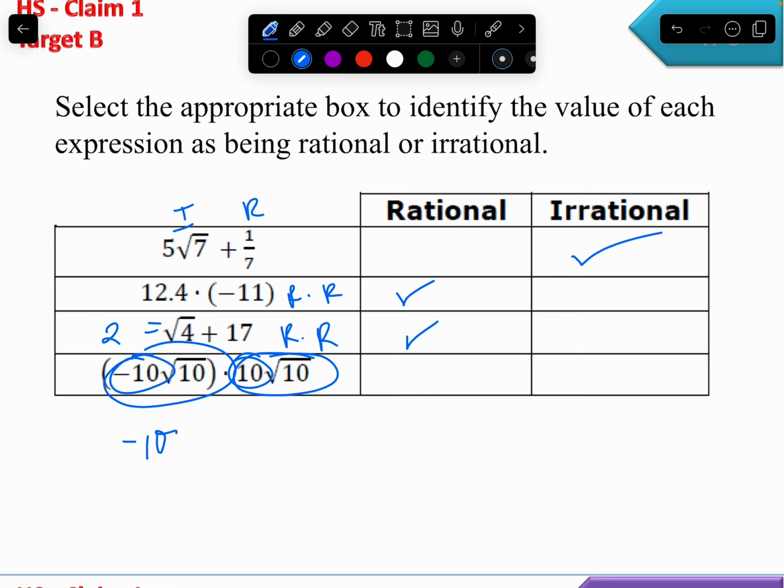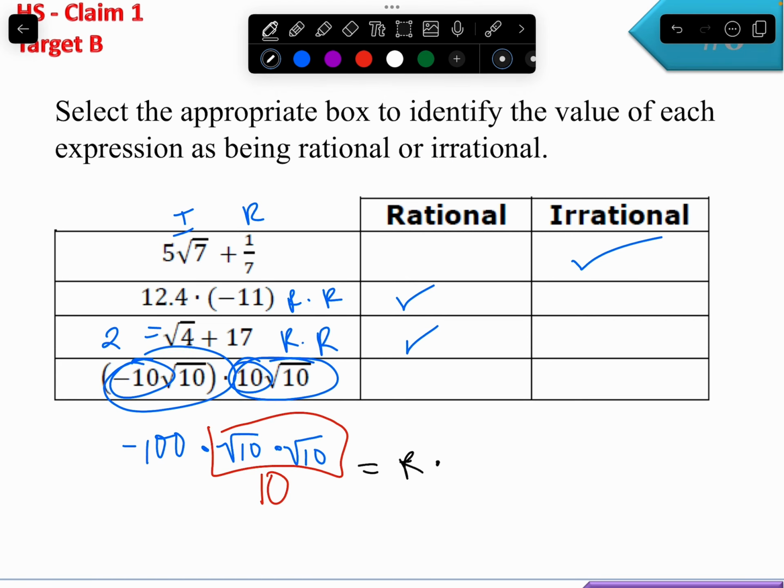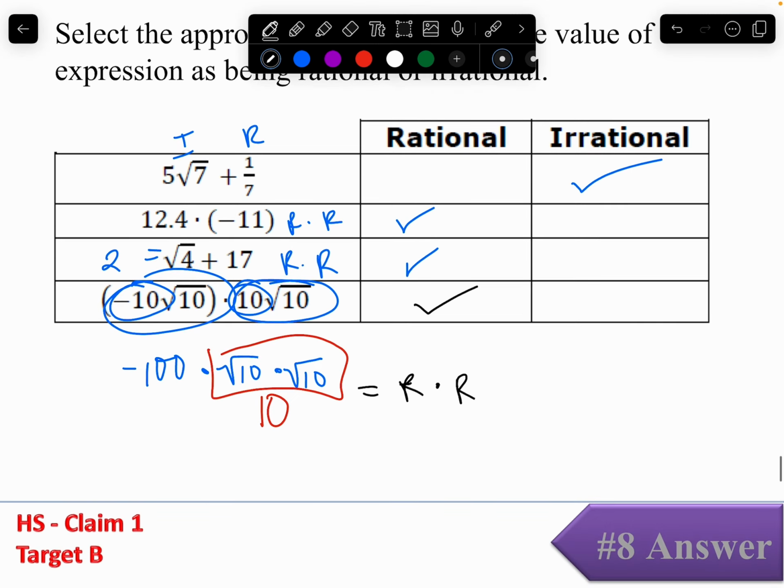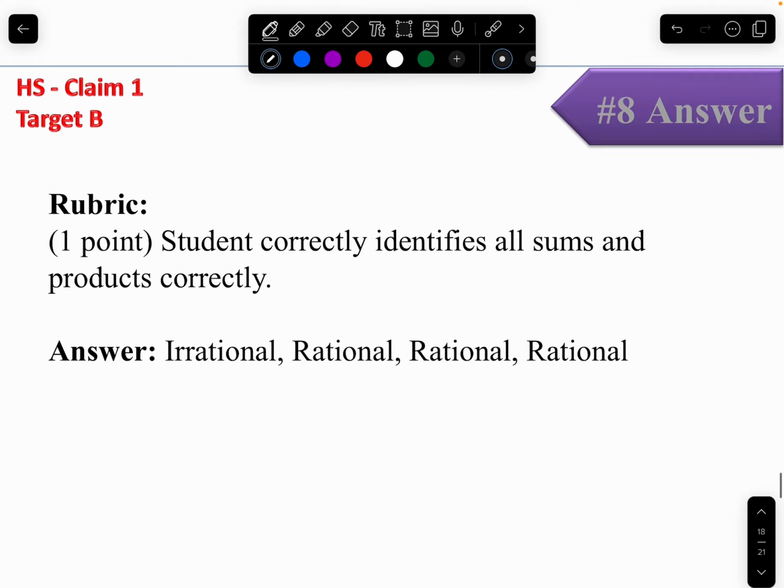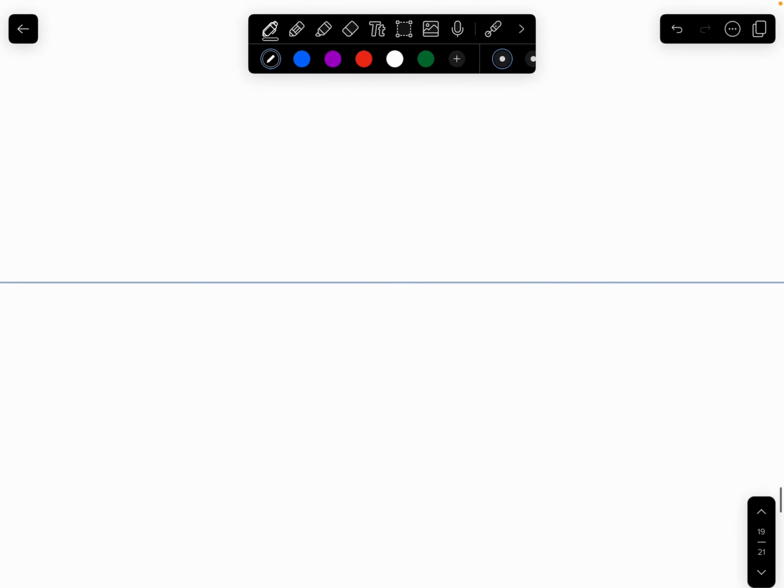So negative 100 times square root of 10 times square root of 10. Remember, if they are identical, just put a whole number without the radical. So that's a rational times rational, which is rational. So multiplication, you can rearrange the numbers. And I think that's it.